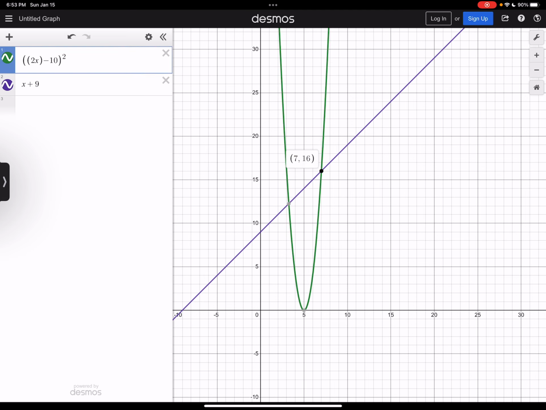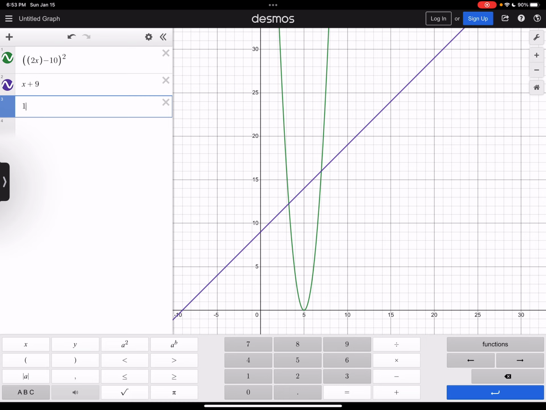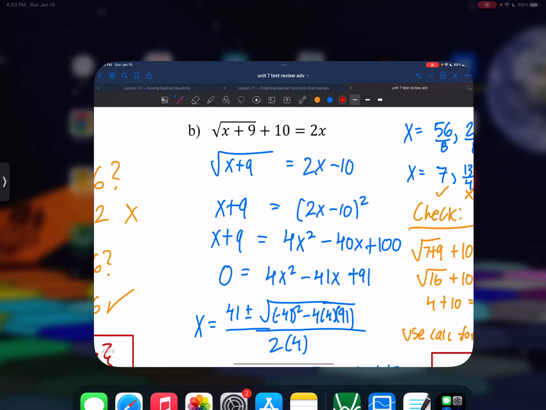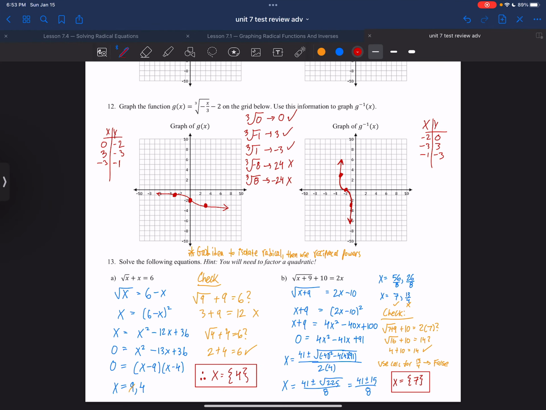The first being 7, the other being 3.25. And what is 3.25? It's 13 over 4. So when I square that and compare the graphs of the parabola and the line, there are 2 points of intersection, which means 2 solutions. But when I actually check, that 1 point does not work. So we're good on that.